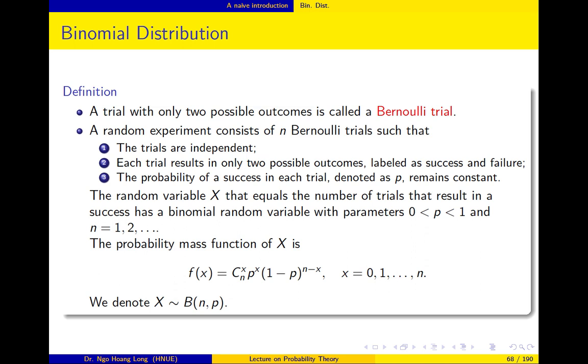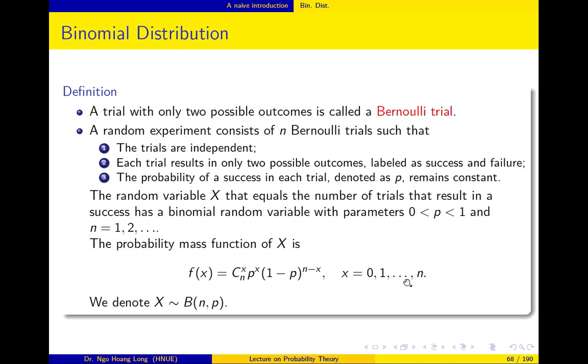Then X has a binomial distribution, and we can compute that the probability that X equals some small x is n choose x times p to the power x times 1 minus p to the power n minus x, for any x from 0 to n.